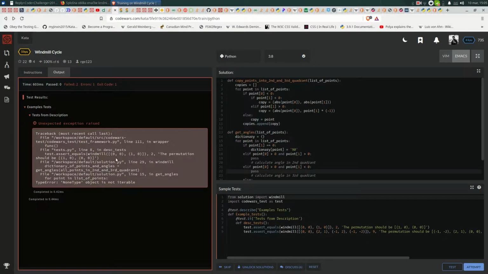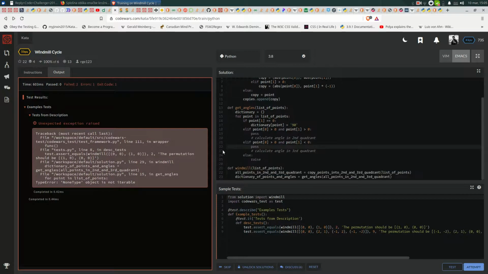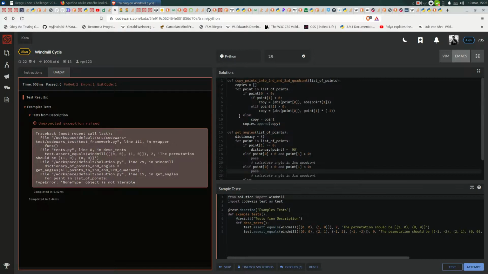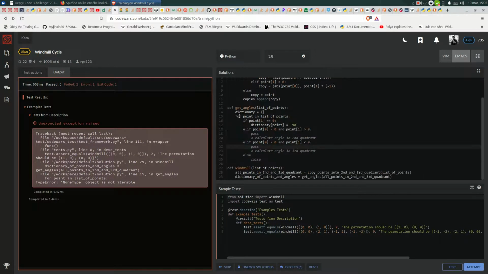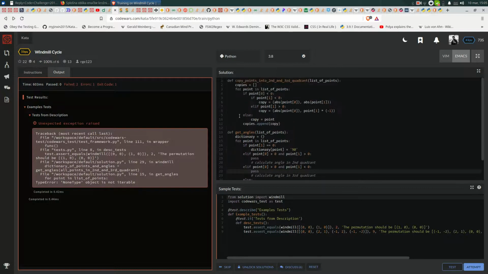I will just desk test line 29 in Windmill. It goes to line 15 and point in list of points. So I guess we do not... NoneType object. Oh, because we don't return anything.